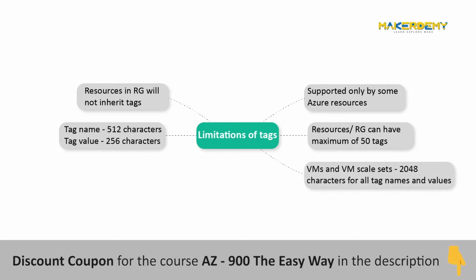Virtual machines and virtual machine scale sets are limited to a total of 2048 characters for all tag names and values. Tag names cannot have characters like less than, greater than, percentage, ampersand, backward slash, question mark, forward slash.